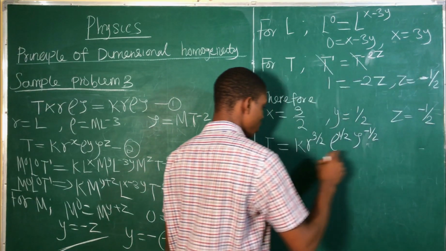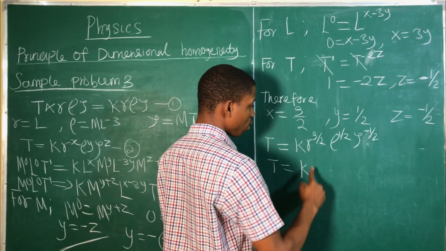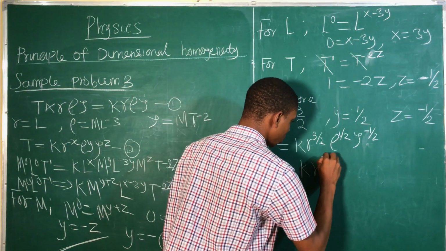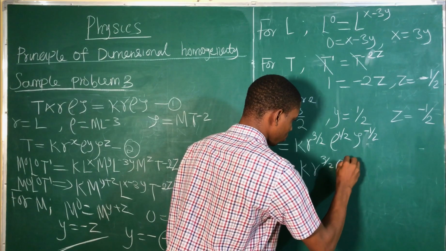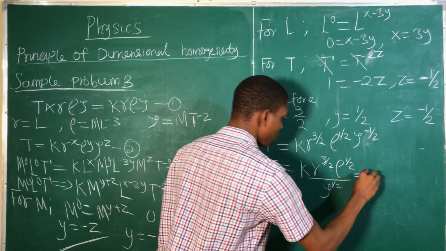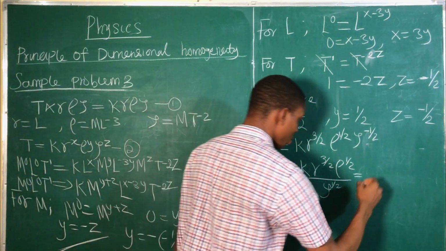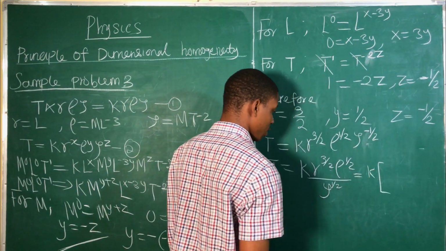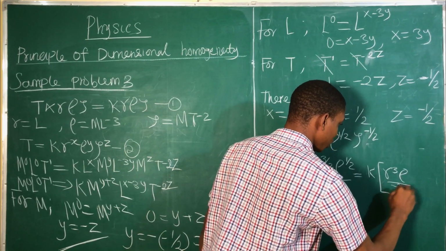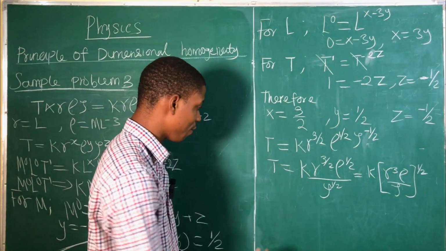All these parameters are in terms of 1 over 2, but some are negative, so they will come down. Therefore, surface tension will come down with power 1 over 2. Since all these parameters are in terms of 1 over 2, we take it out. So we have K, brackets, radius cubed, density, over surface tension, all to the power 1 over 2. And 1 over 2 means square root of what we have there.